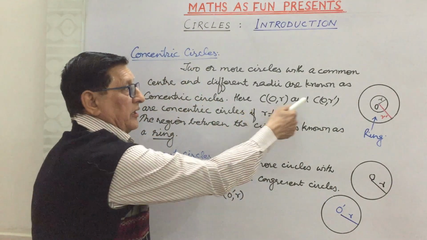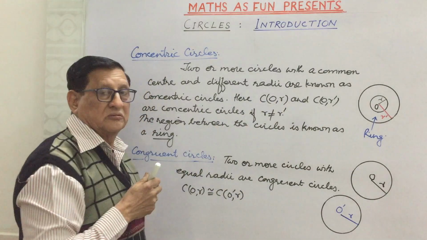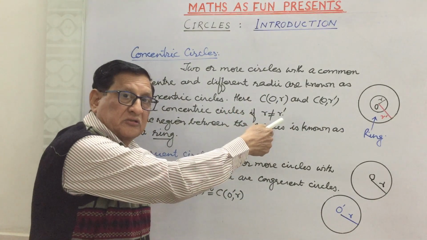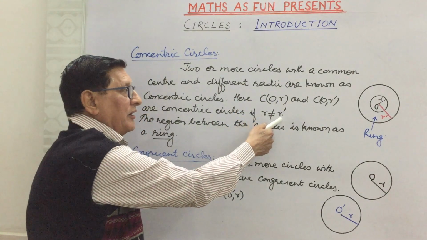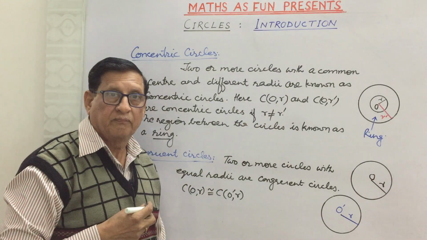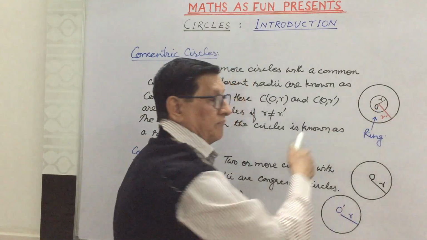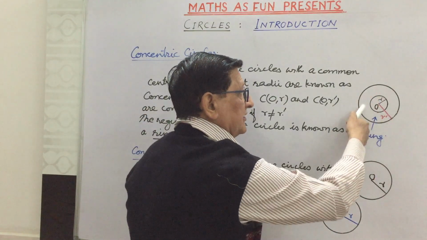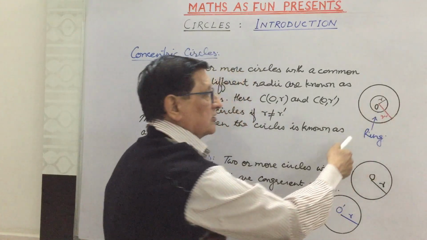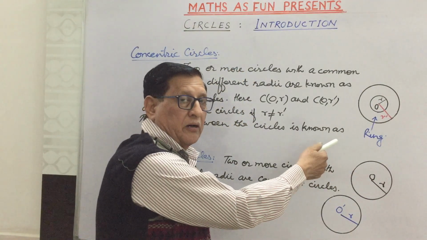So C(O, R) and C(O, R dash) are concentric circles if R and R dash are not equal. What about the area or region between them? The region between these concentric circles is known as the circular ring.